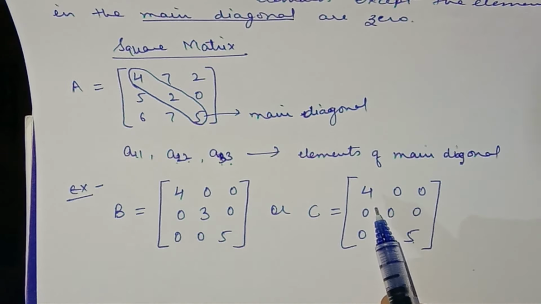The next type of matrix is a scalar matrix. A scalar matrix is a diagonal matrix where all elements in the main diagonal are same.